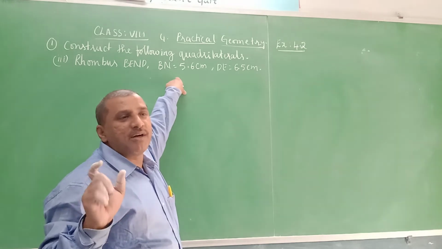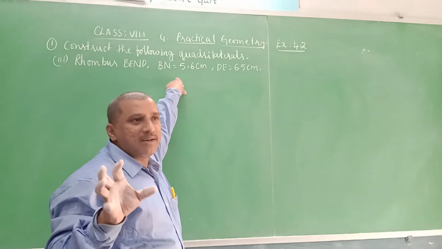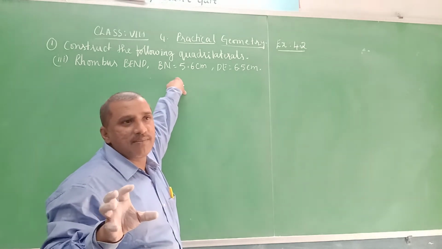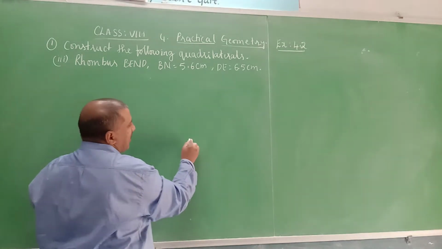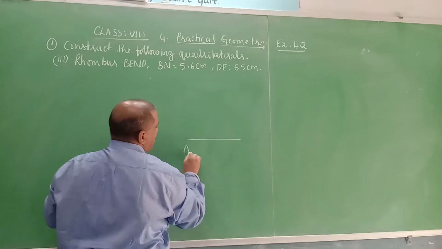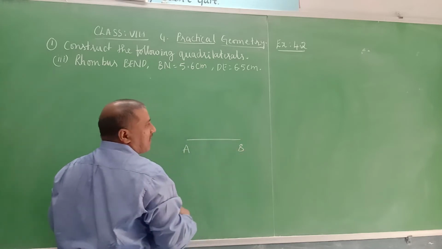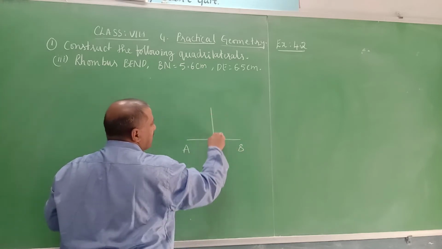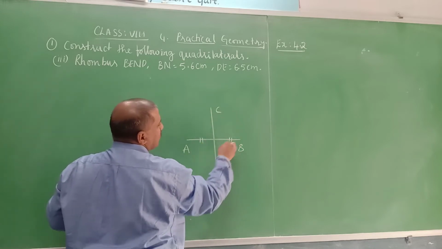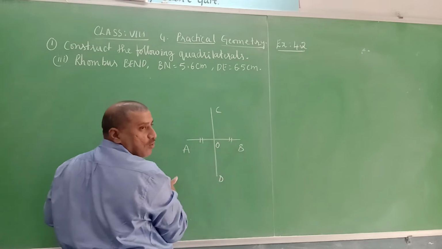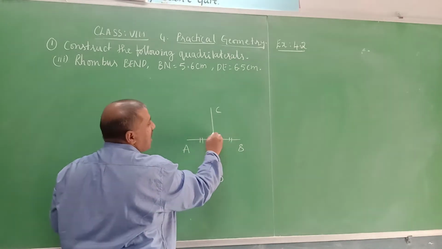What do you mean by a perpendicular bisector? A line segment which divides the given line segment into two equal parts at right angle. For example, AB is a line segment. This line segment is bisected by another line segment CD. Bisected means OA is equal to OB, and they meet at right angle.